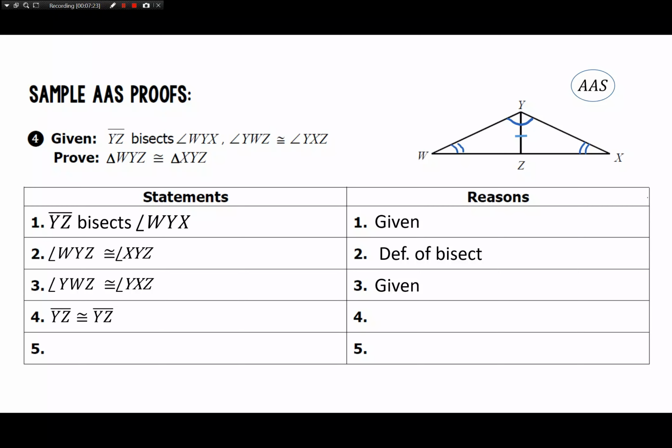So segment YZ is congruent to segment YZ because it's the same line, so we use reflexive property. So 2 satisfies an angle, 3 satisfies an angle, 4 satisfies the side. So now we can say triangle WYZ is congruent to triangle XYZ by angle, angle, side.